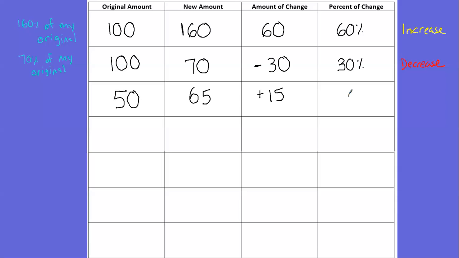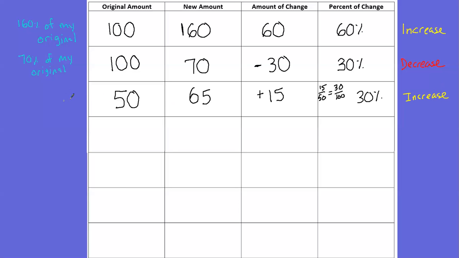Now, what is my percentage of change? Well, I'm going up 15 for every 50 that I start with, and going up 15 for every 50 is going to be exactly the same thing as going up 30 for every 100. So this one is actually a 30% change, and because I'm going up, I would want to say that this is a 30% increase.